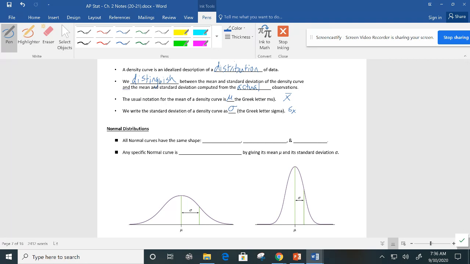One of the most important types of distributions and density curves that we talk about is the normal distribution and the normal density curve. So all normal curves have the same shape. They're symmetric, single peaked, and bell-shaped.